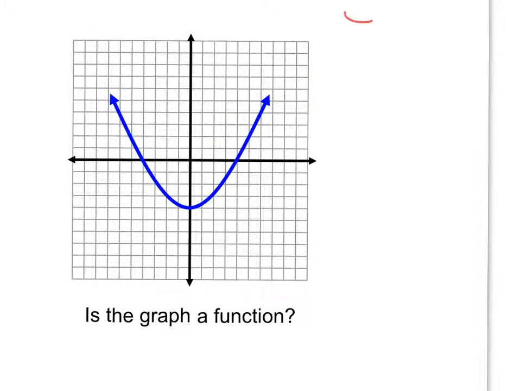All right, and here we have example 6. So draw this particular graph. Is this a function? If we do the vertical line test, no matter where we draw the line, it will only cross at one point. So yes, this is a function. Then we look at the domain. The domain, again, that's your x values.